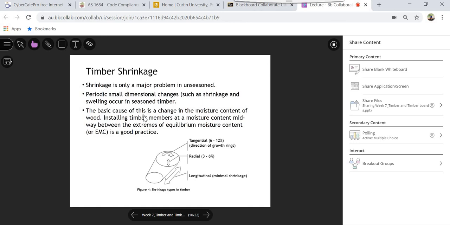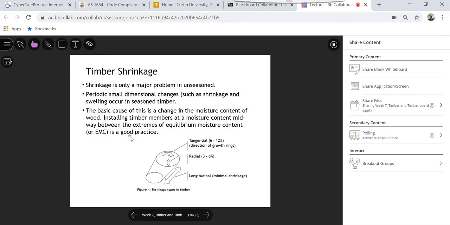But if we use unseasoned timber, because it has a high moisture content, the shrinkage is significant, which will be a big problem. Even though we use seasoned timber, we can see small dimensional changes such as shrinkage and swelling during wet seasons, but that doesn't cause much problem in seasoned timber.